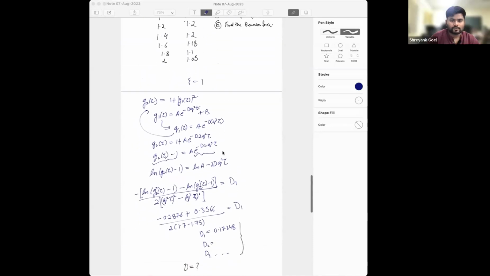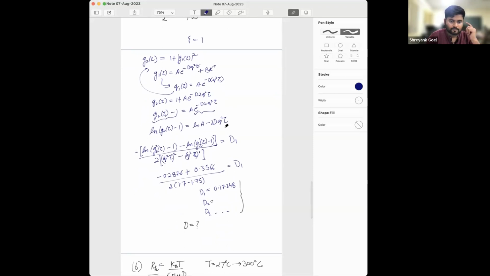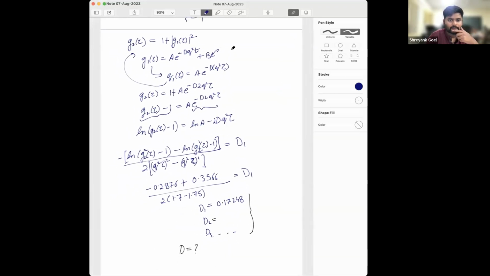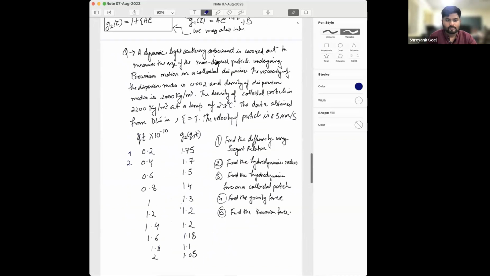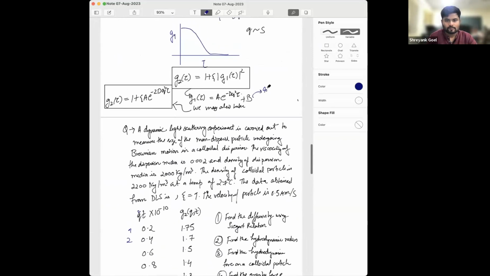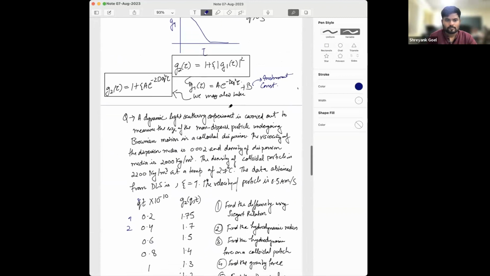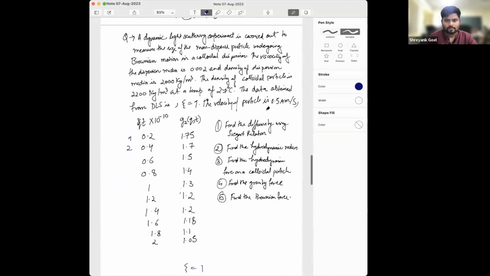So this B is usually some instrument constant, so that you can find. What I found, with the discussion, is that B is some instrument constant actually. So here you can take this B to be 0.